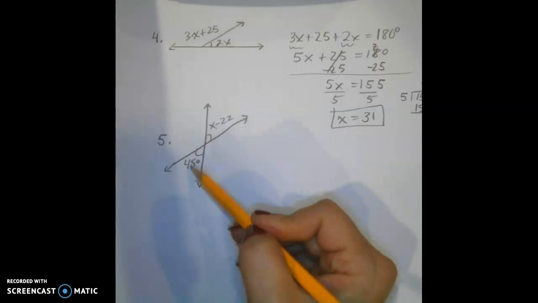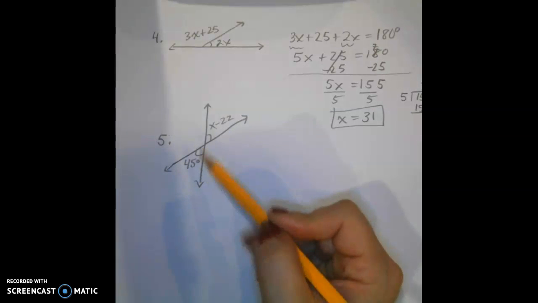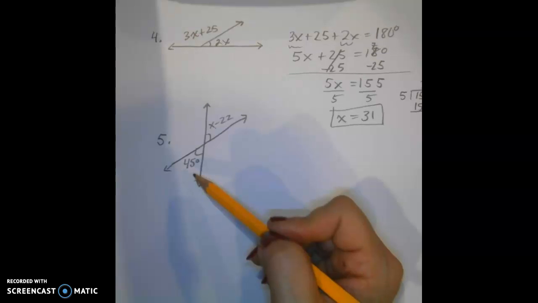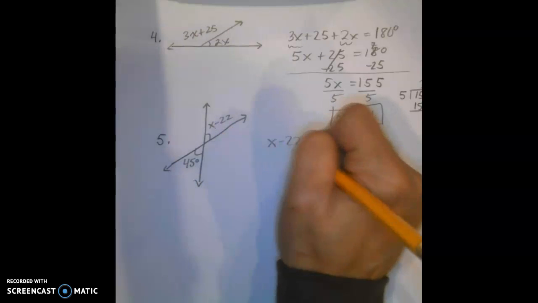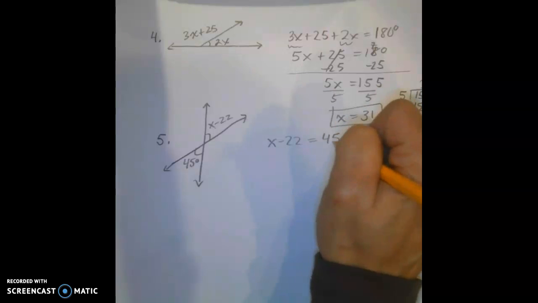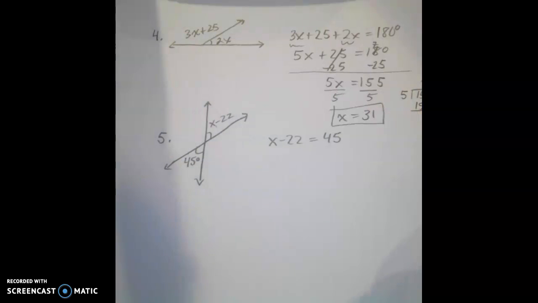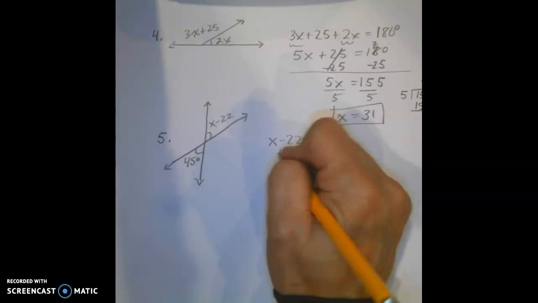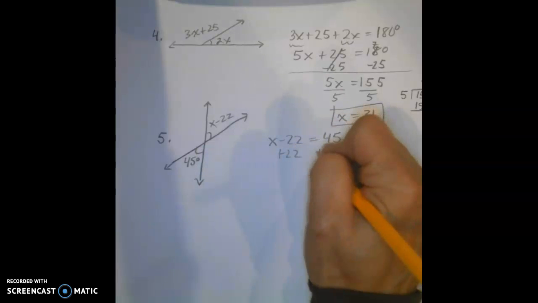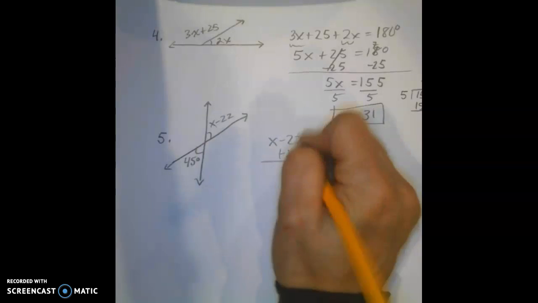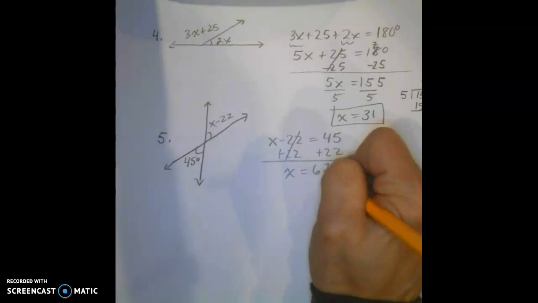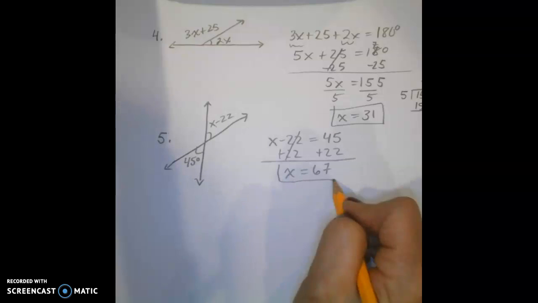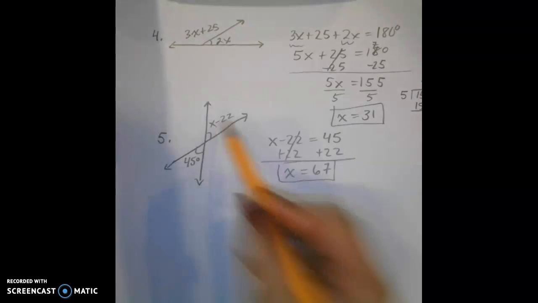We know that vertical angles are equal to each other, so our equation is going to look a little bit different. One angle is equal to the other. This one's super easy to solve. We can do it in one step by just adding 22 to both sides. And we've got 67 degrees, or 67.